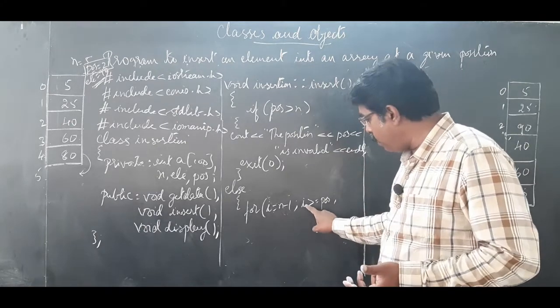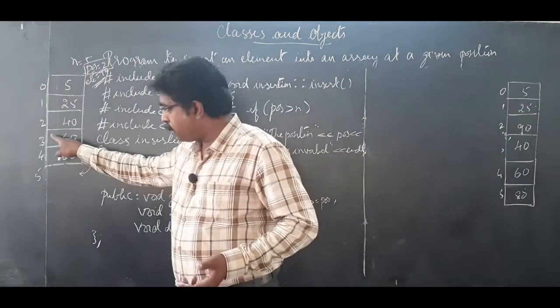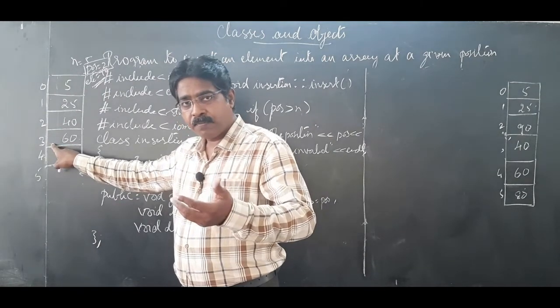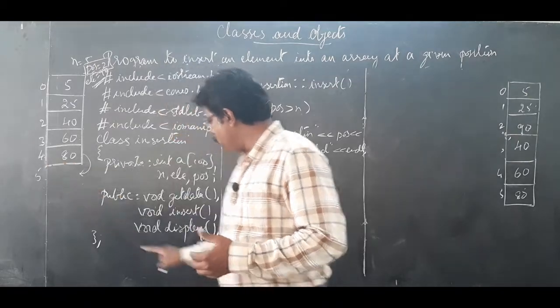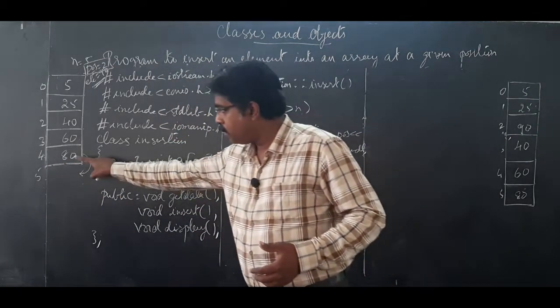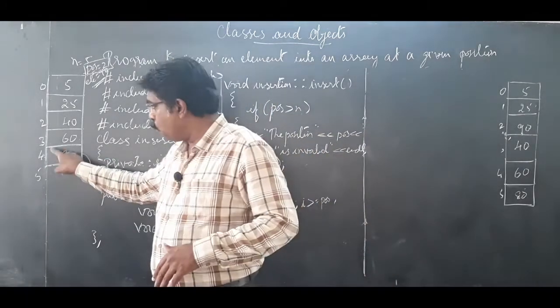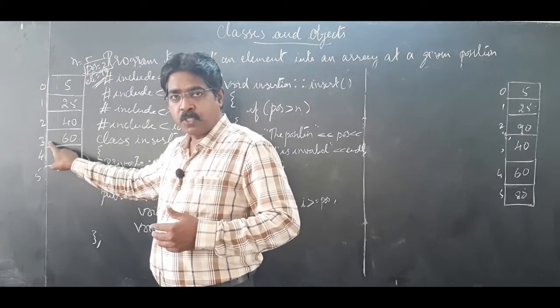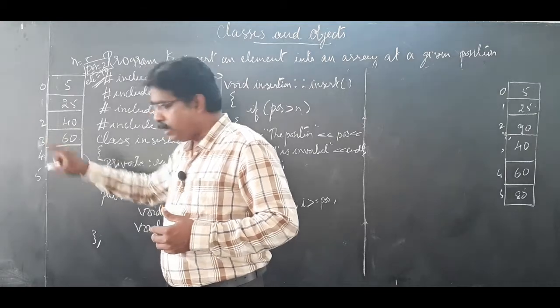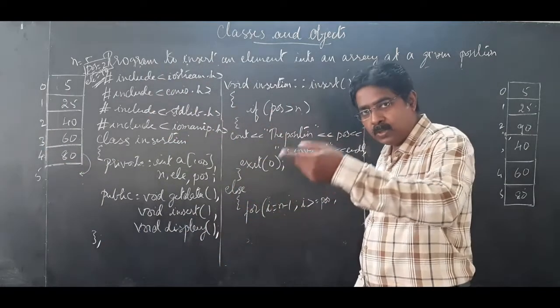Then what happens to I? We need to go back, right, in a lower order. When we go to the lower order, this i's value which is initialized with 4 decrements, moves on to the previous index, that is the lower order position we go. Then 3, that is 4, 2, 3.